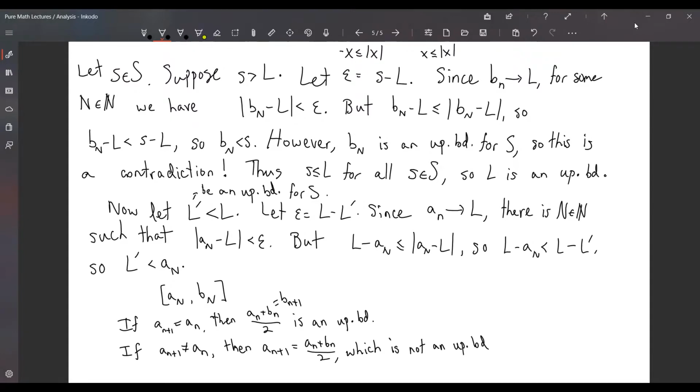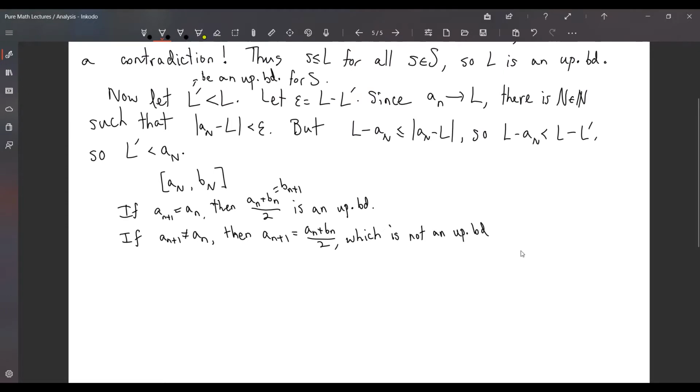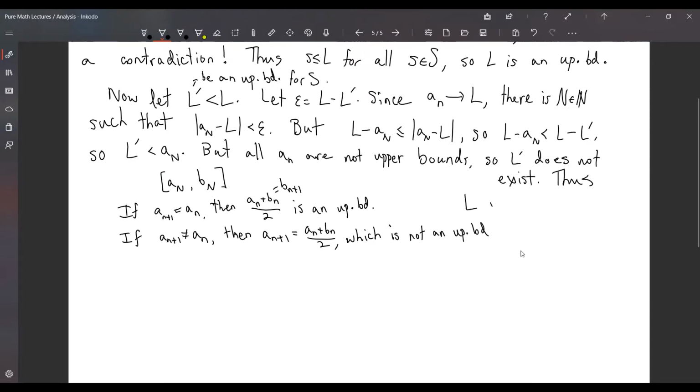But we know that all the a sub n are not upper bounds. So L prime does not exist. Thus, L is the least upper bound.